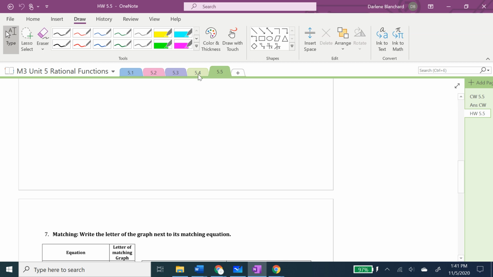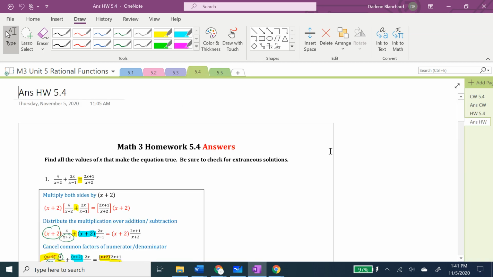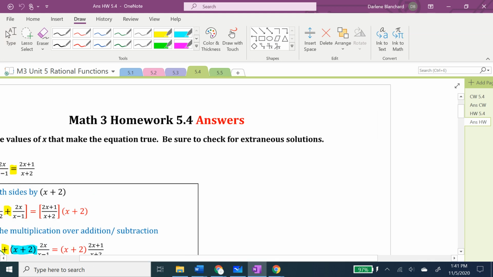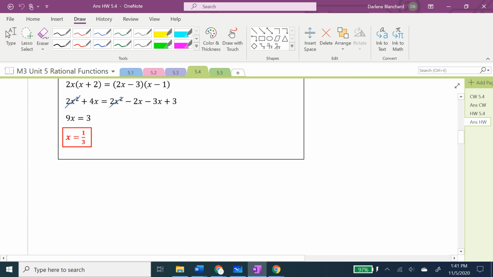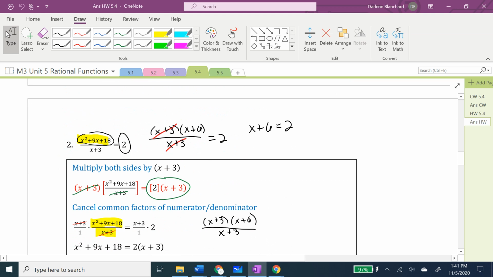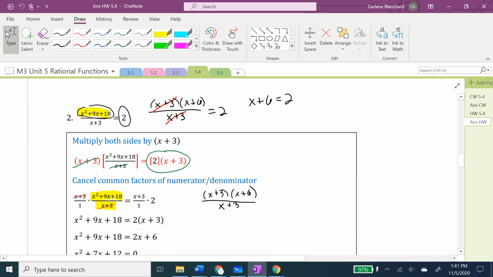And tomorrow, though, you will have a quiz on the equations. You'll have a quiz with these equations, solving these equations. I will not give you the hardest problems for your quiz. I would say number 2 isn't too bad.